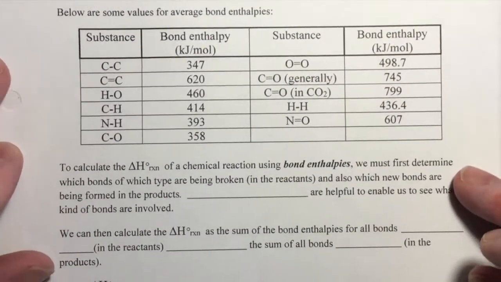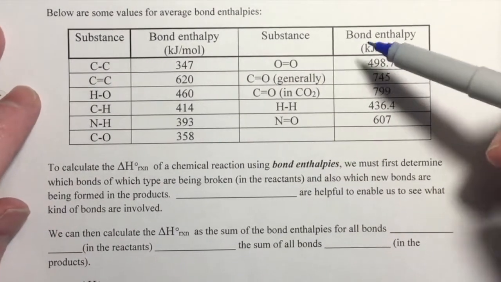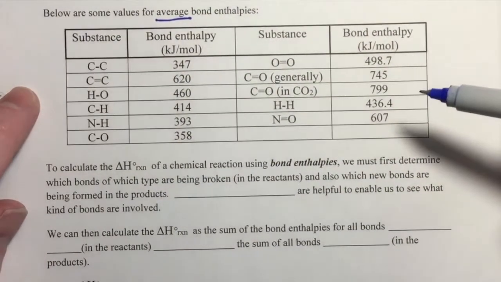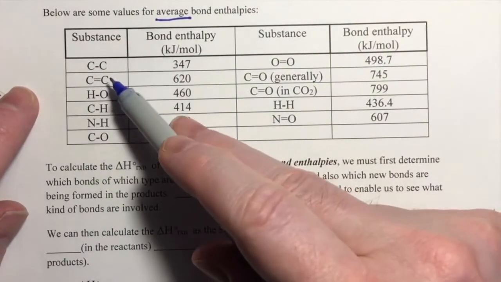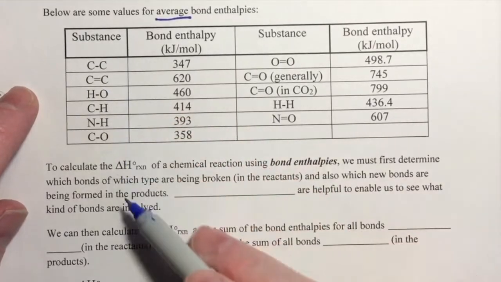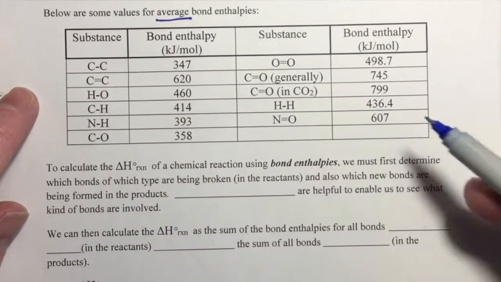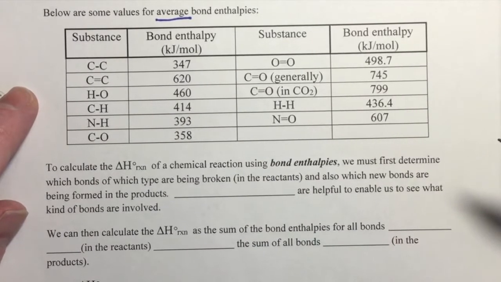And so that's what we have here in our table. We have average bond enthalpies. We have them for single bonds and double bonds, and we can have them for triple bonds. We can have them for a variety of elements that are bonded.